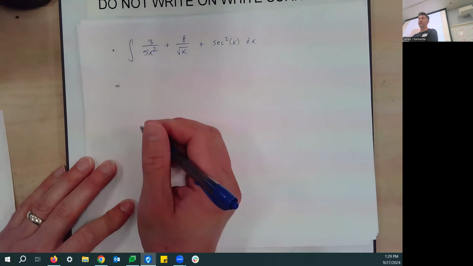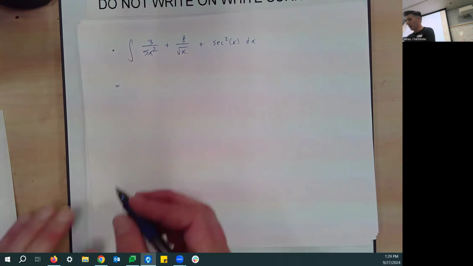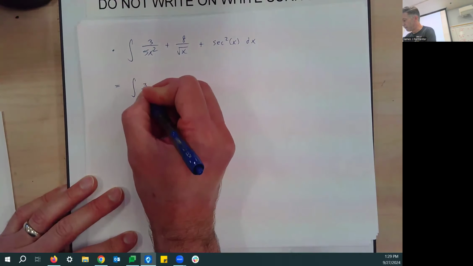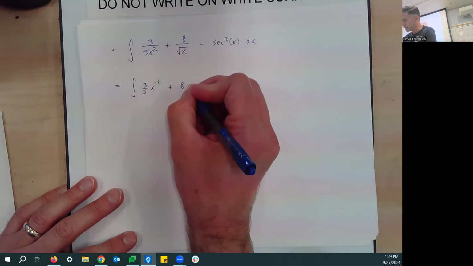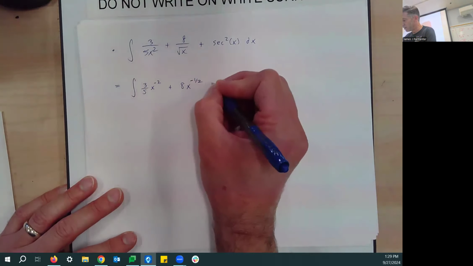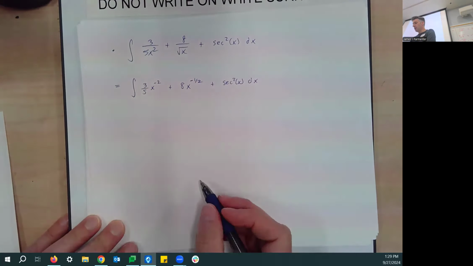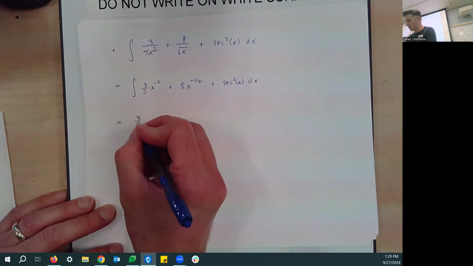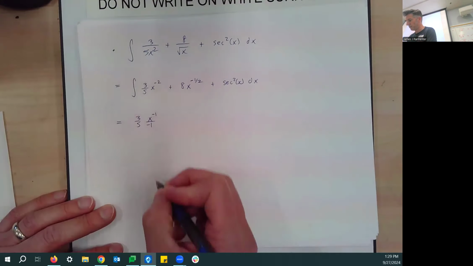I'm going to rewrite this just like I did for the previous one. I'm going to write any powers not in the denominator, because that's not helpful to me. I'm going to rewrite this as the antiderivative of 3 over 5 times x to the negative second plus 8 times x to the negative 1/2 plus secant squared of x. These first two, we just use the anti-power rule. So we get 3/5 x to the negative 2 plus 1 is negative 1, divided by negative 1.